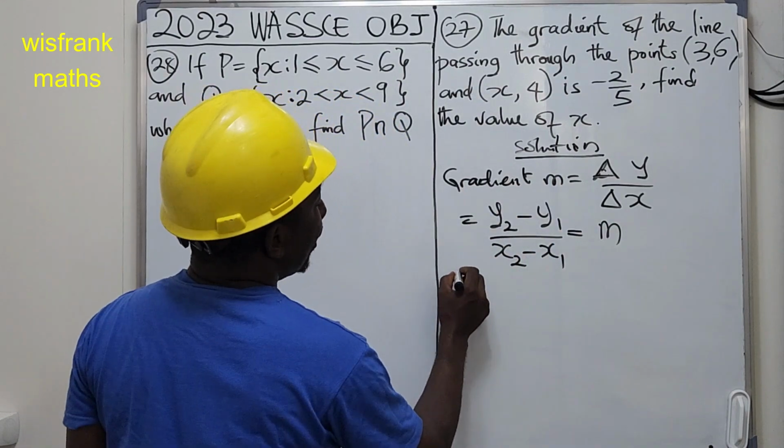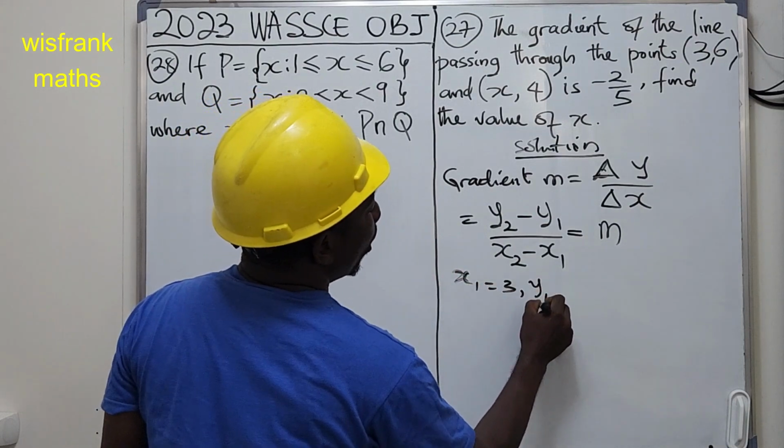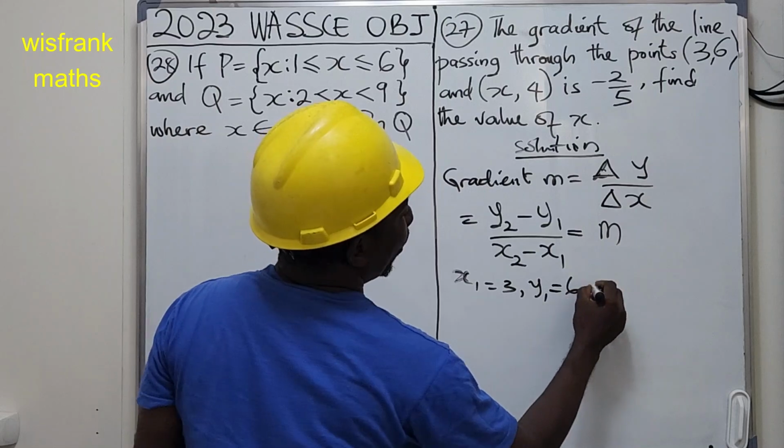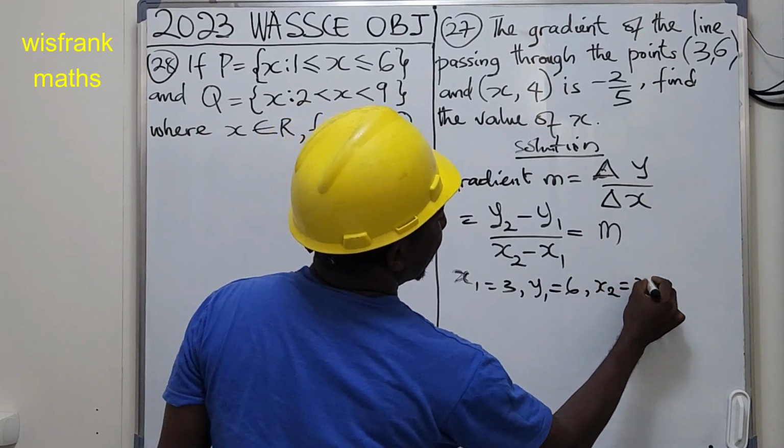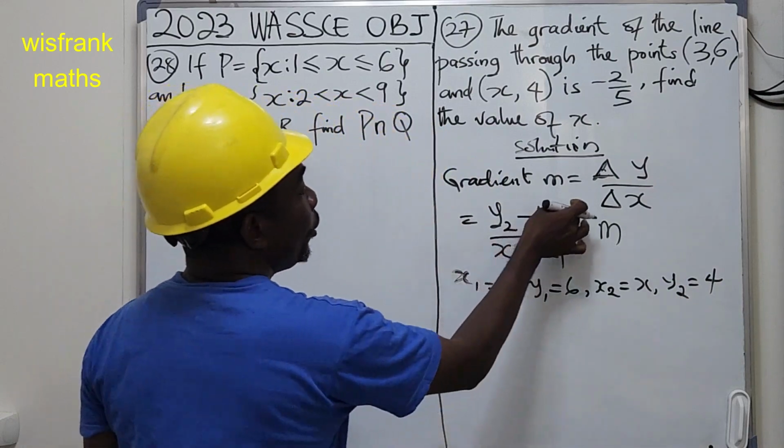In this case, we have x1 equals 3 and y1 equals 6. We have x2 equals x and y2 equals 4. We substitute all of this into the formula.